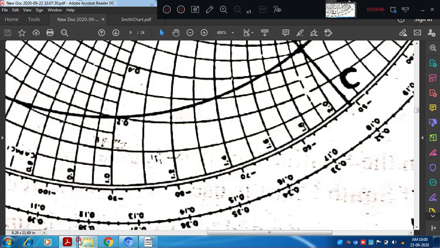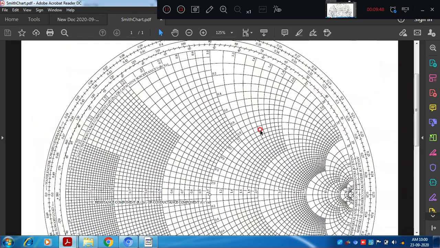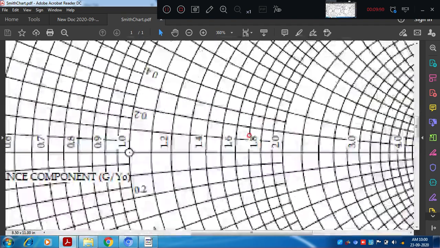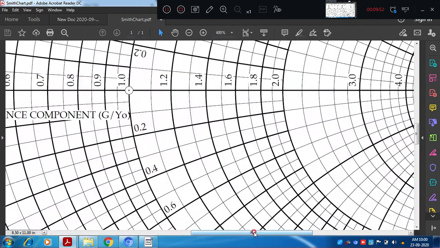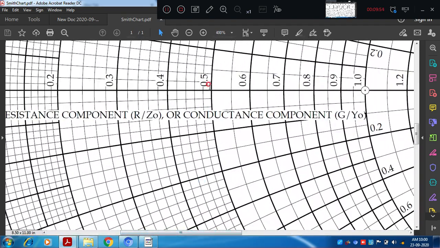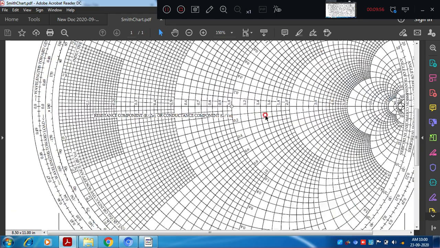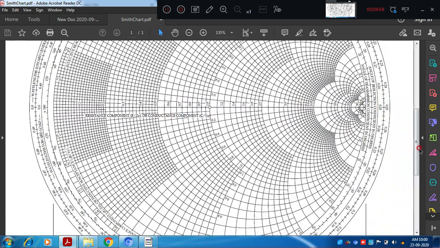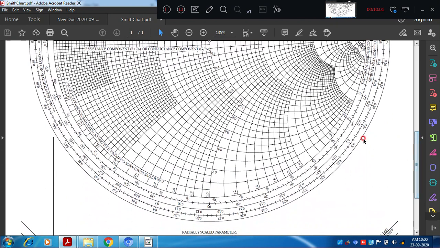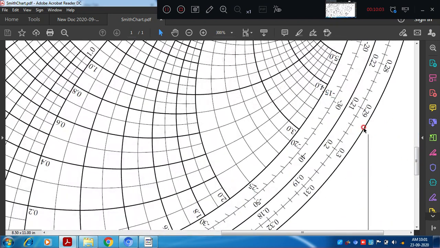I'll show in this Smith chart, actually it is very clear. See here, we need to search resistance value 0.5. This is 0.5, right? Similarly, we need to check arc value, where exactly we are getting arc value as minus 2. Here it is a 3, here it is 2. Since it is lower part of the Smith chart, it is a minus 2.